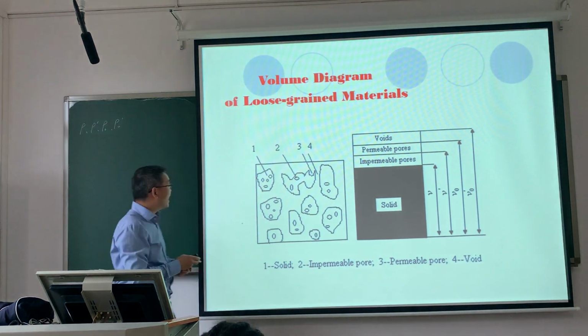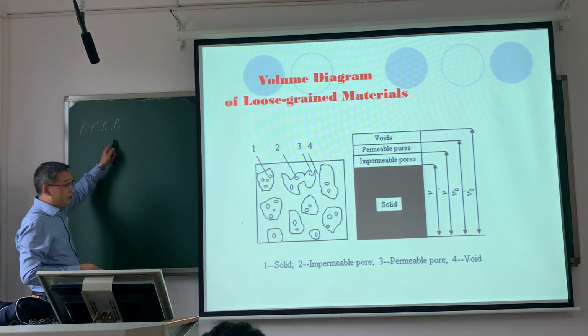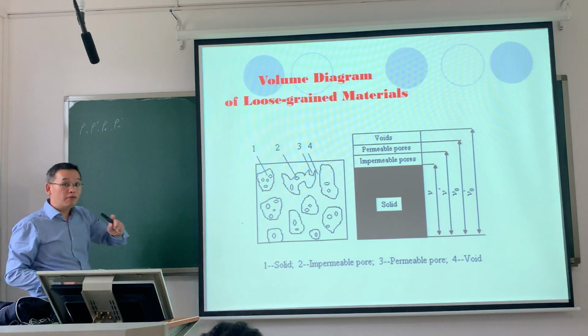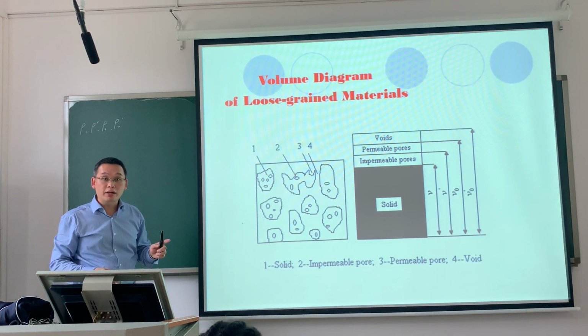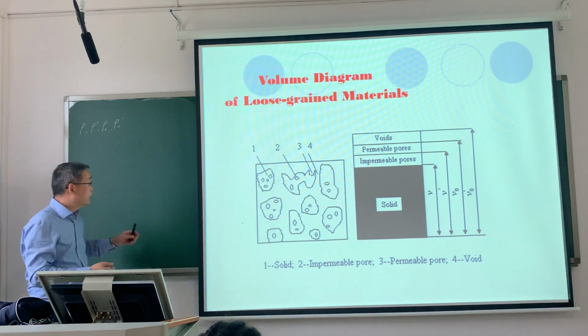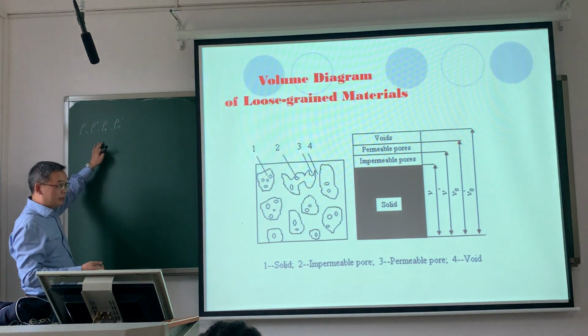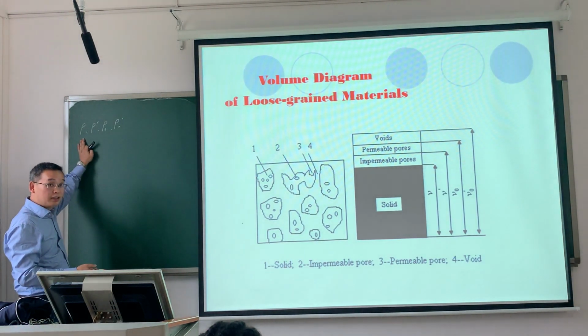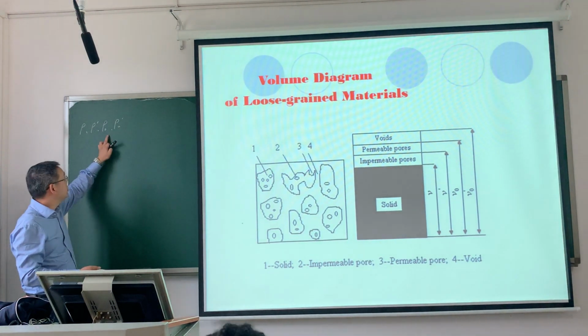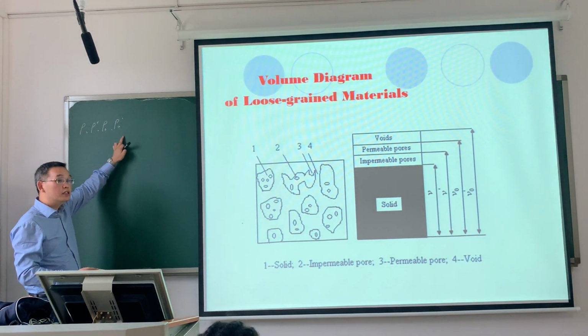So we can get these four kinds of density. But for the same material, for example, a stone, this one is the biggest, this one is much smaller, and this is the smallest.